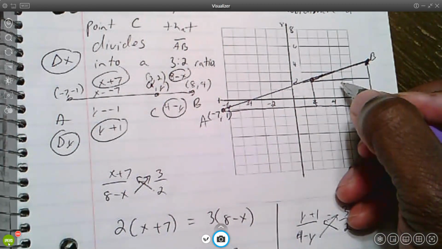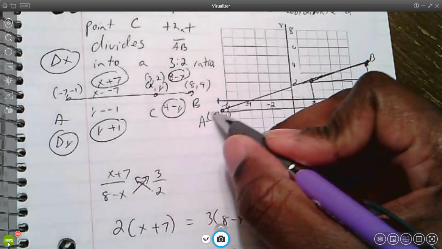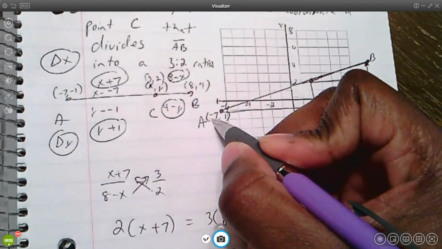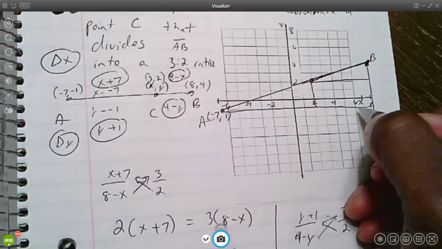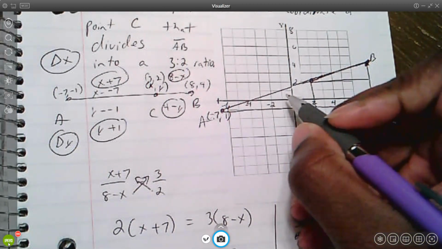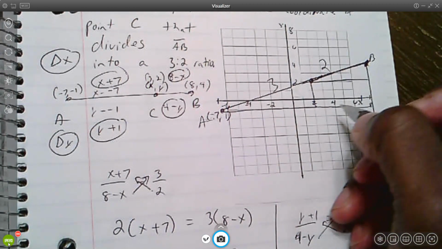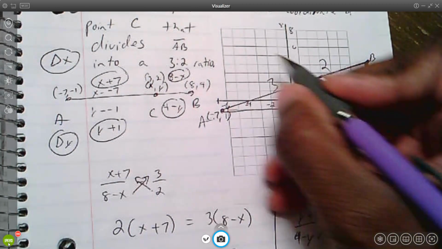So if I want to know how far up and over I need to go to get from this point to the other, I basically need to take that coordinate for x. And then I'm going to add however far it gives me 3/5 of the way over, right? Because the whole thing here has to be a 3 to 2 ratio. So this has got to be 3 of the whole 5. So this is 3/5 of the way over.